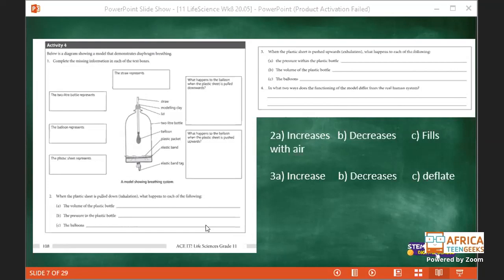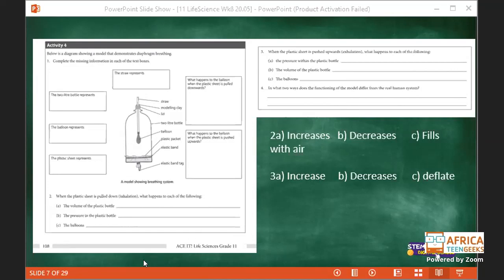Remember, guys, we need to know the limitations of this particular mechanism, the breathing system mechanism. We need to know the limitations it has compared to the normal human body breathing system. Remember, it was on our lesson outcomes in yesterday's lesson.